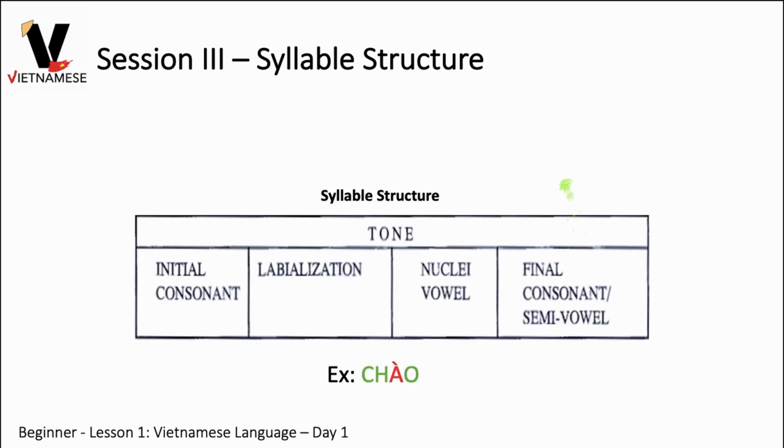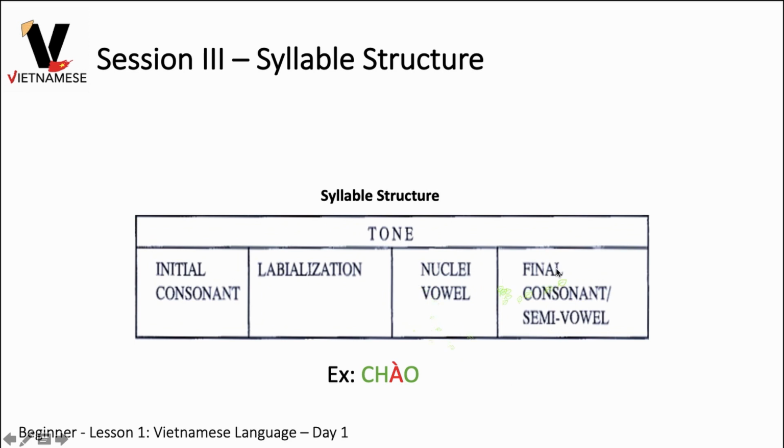And the next one is the syllable structure in Vietnamese. This table shows how a complete Vietnamese word is formed. Firstly, a word in Vietnamese starts with the initial consonant, followed by the labialization, which is the action of your lips. And after that is a nuclear vowel.